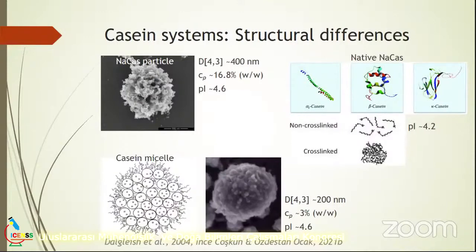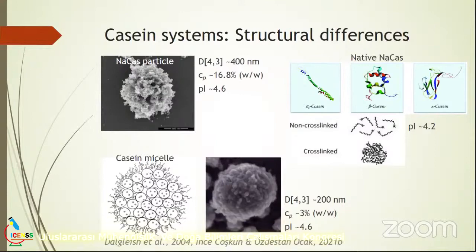A little bit about the structural differences of the casein systems that I have used in this study. The caseins possess a random coil structure, and they often lack secondary, tertiary, or quaternary structures. Their physical state is micelles, so they are found in micelle form in aqueous solutions. They form large aggregates.